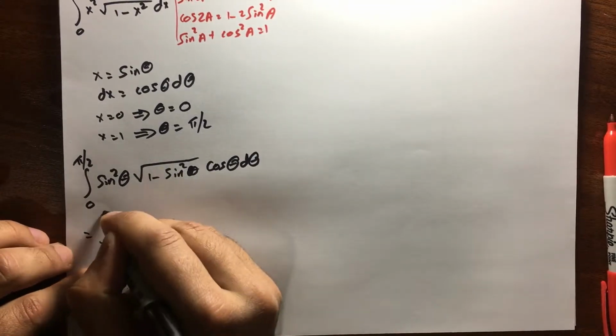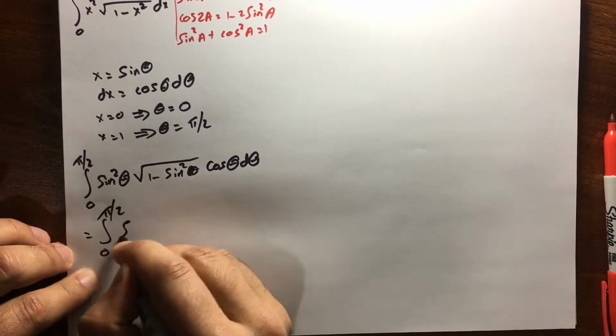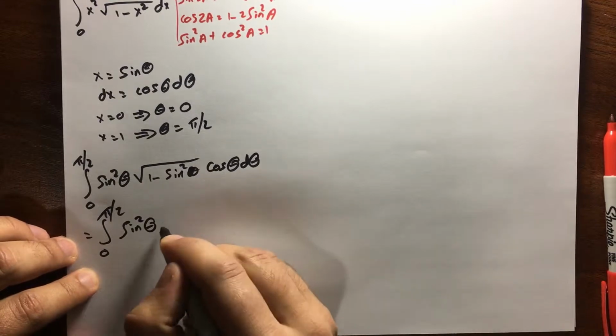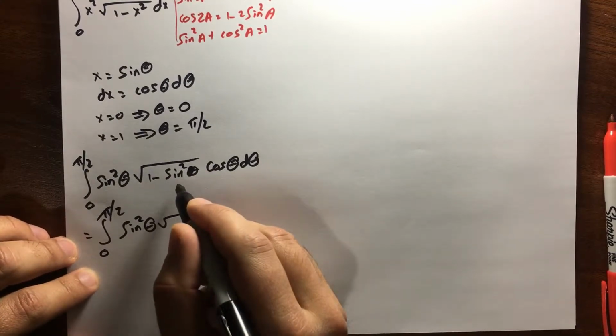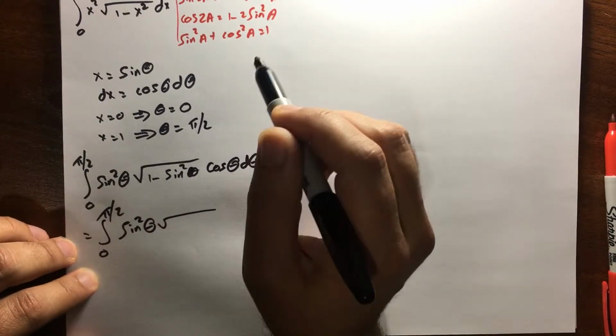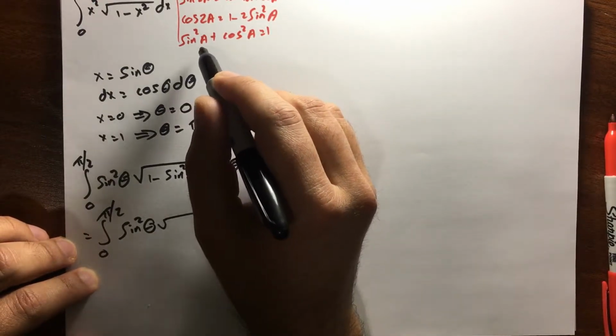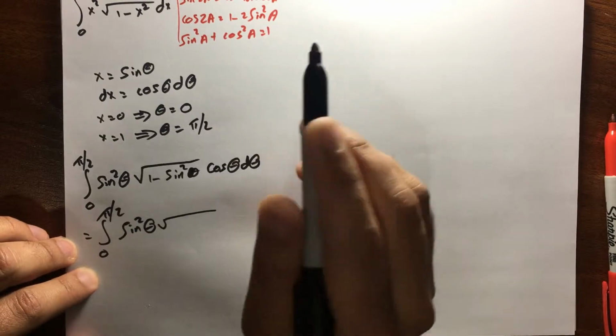This equals, from 0 to pi over 2, sine squared theta. 1 minus sine squared theta is equal to cosine squared theta, using the identity sine squared a plus cosine squared a equals 1.